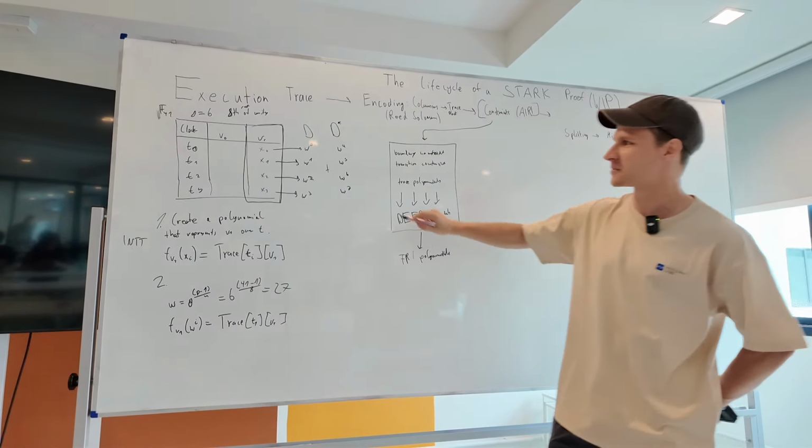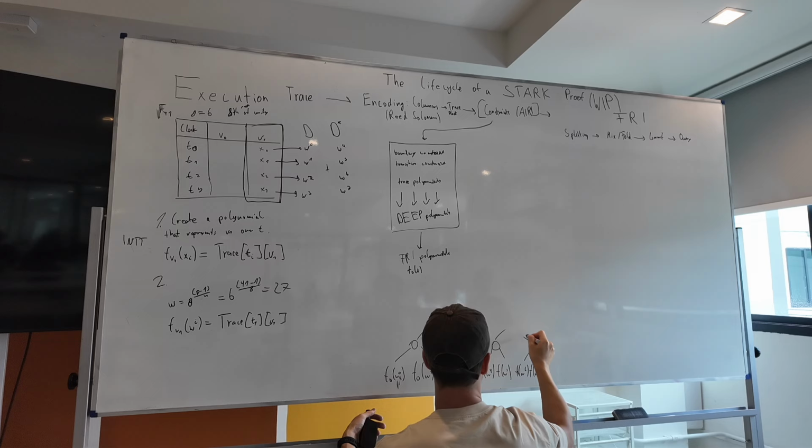I'm just going to try that. Okay, I still have enough space. 6 and 7. And this is going to be our first Merkle commitment in this simplistic view. There has been a lot before, but I just want to simplify.